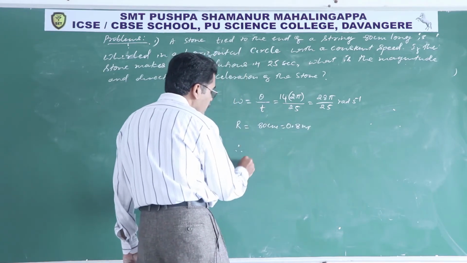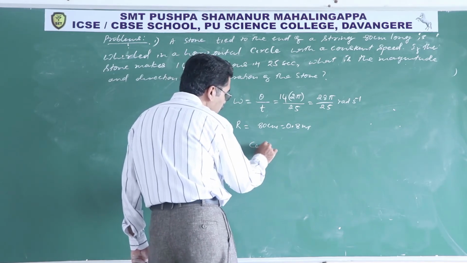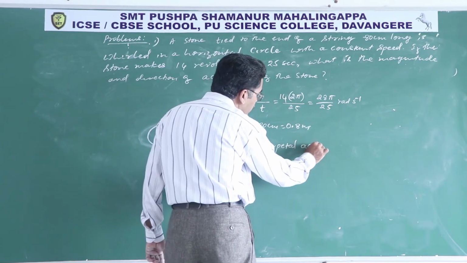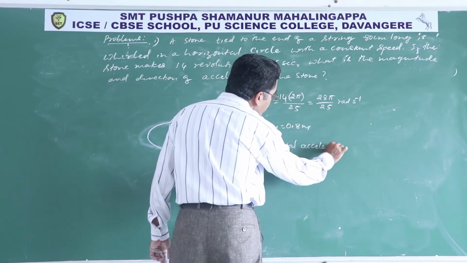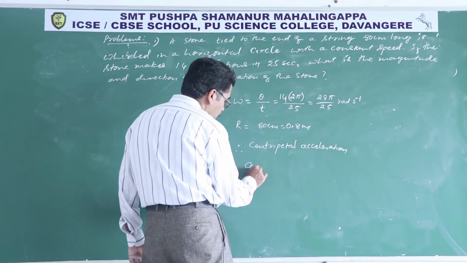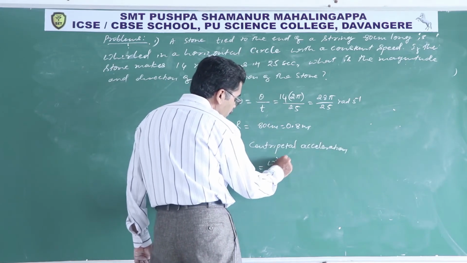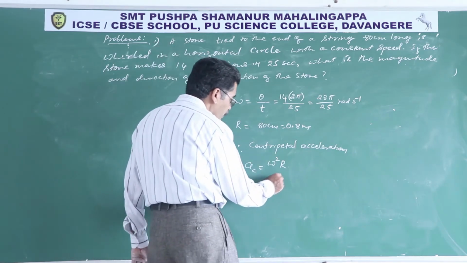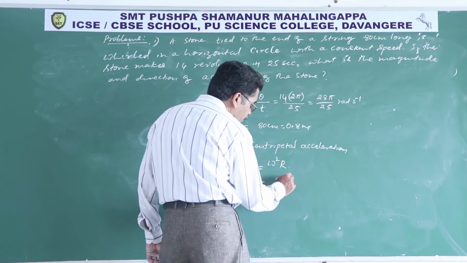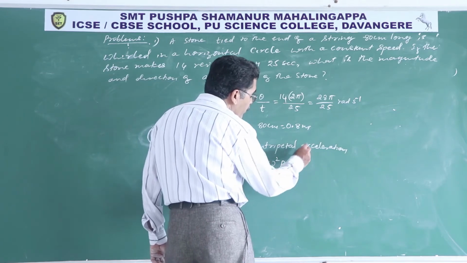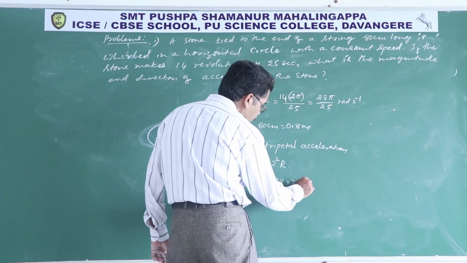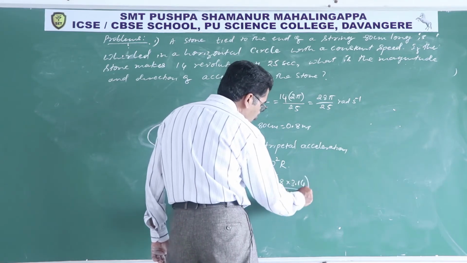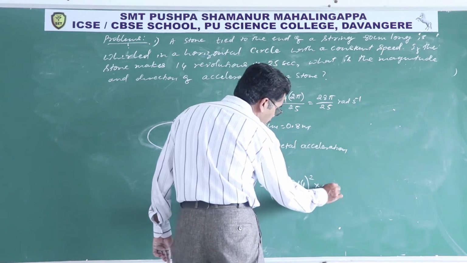Now, centripetal acceleration a_c is equal to omega square R. Omega square is 28 pi, with pi as 3.142, divided by 25, whole square, into 0.8.